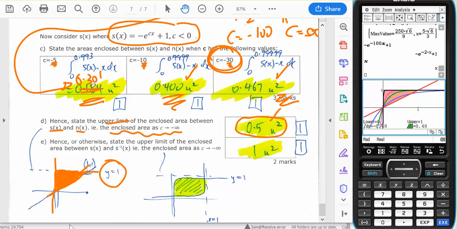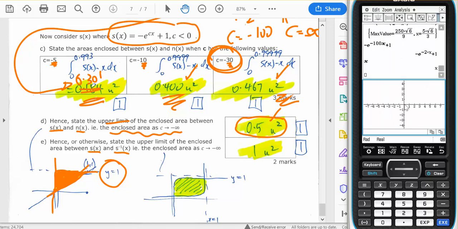And looking at part E, state the upper limit of the enclosed area between the function s and its inverse. Well, if I was to edit, clear all, and I was to say that that was negative 10, and I drag and drop that, and I zoom in on that area, and analysis, sketch its inverse, you'll notice that the inverse is below here.